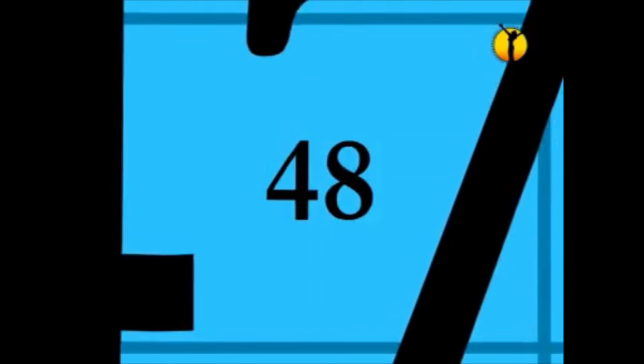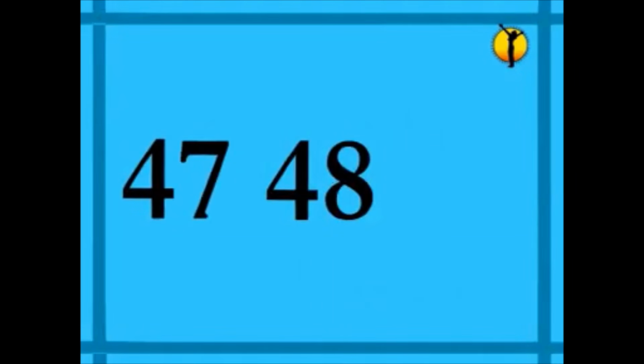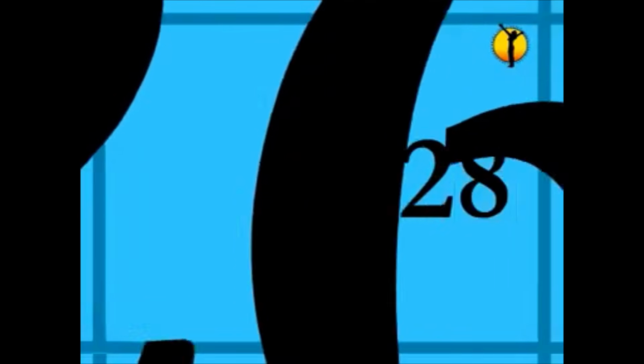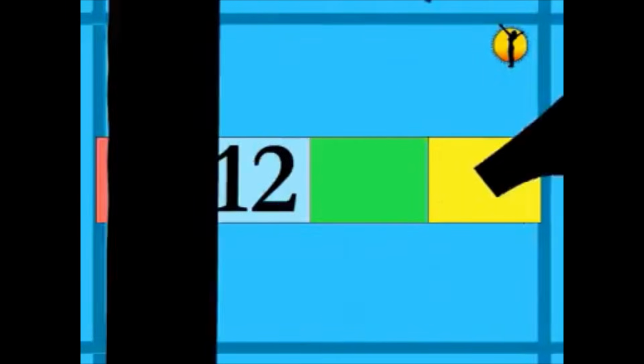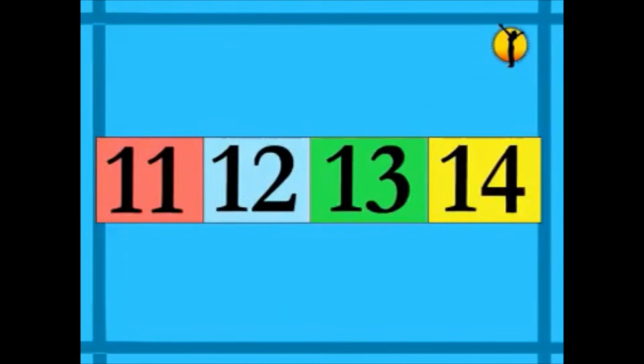A little quiz. What is the number before 48? 47. And number after? 49. You tell me two numbers before 28. 26 and 27. Alright. And three numbers after 11? 12, 13 and 14.